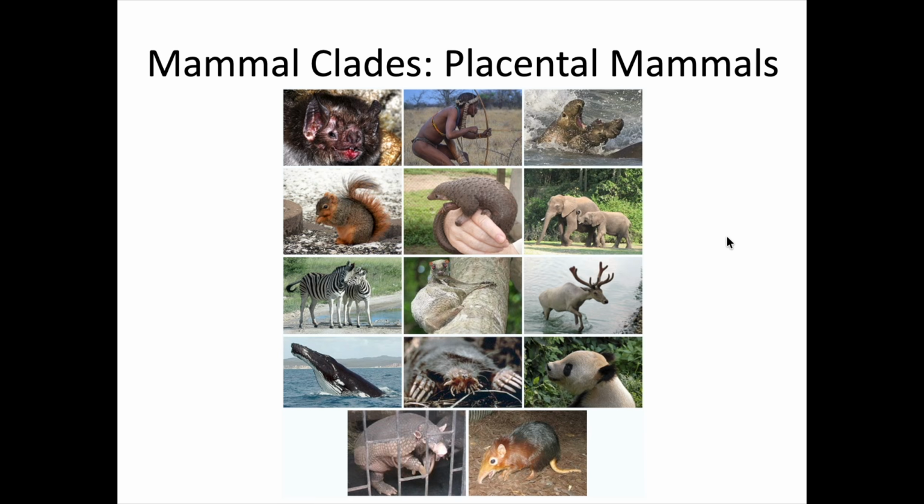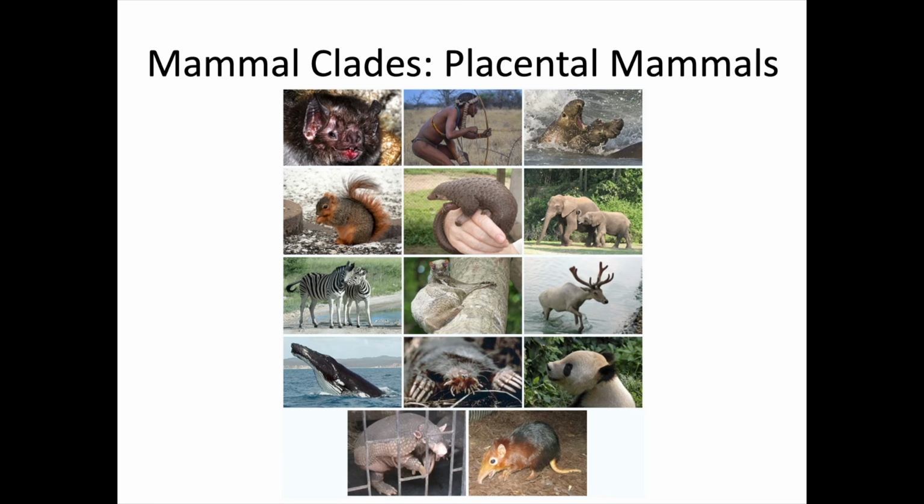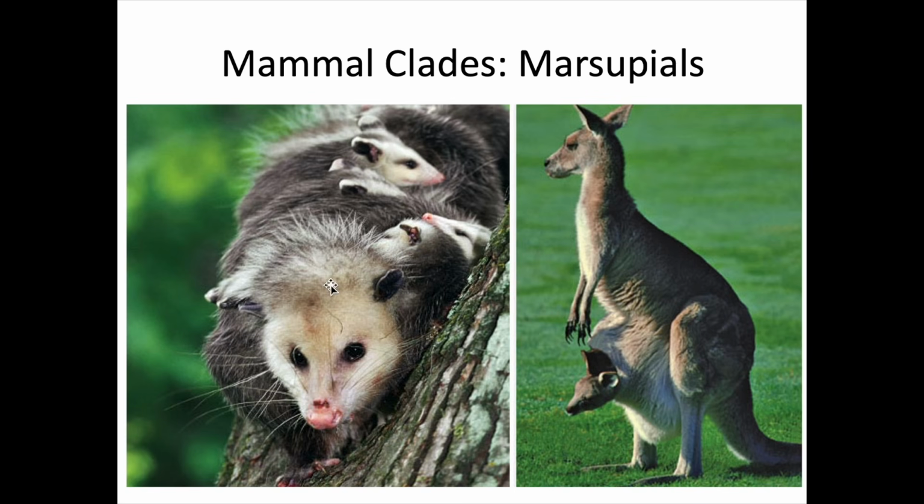So, the difference between marsupials and placental mammals has to do with how they give birth to live young. The strategy of marsupials is to give birth to their young very, very early, and they are very, very small. They're then going to crawl out of the birth canal and into this pouch where they're going to drink milk and continue to grow and develop.